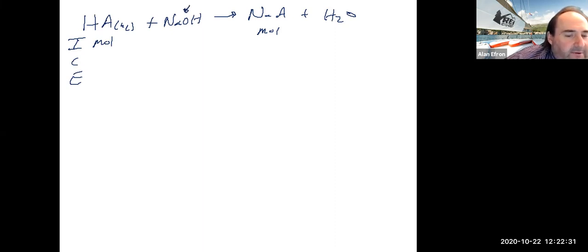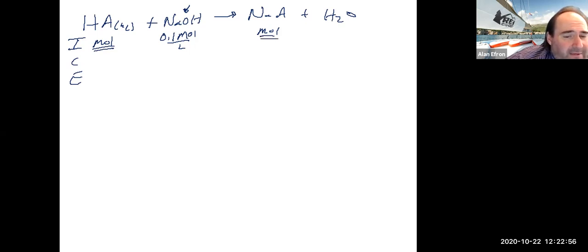So what do we know about our sodium hydroxide? We know that it is 0.1 molar, and that is actually moles per liter, right? So when we do an ICE table like this, we would typically do this in terms of moles, which means this is in moles because you have that number, this is in moles, you have that number. This one is not in moles.